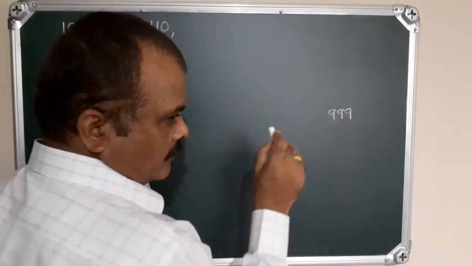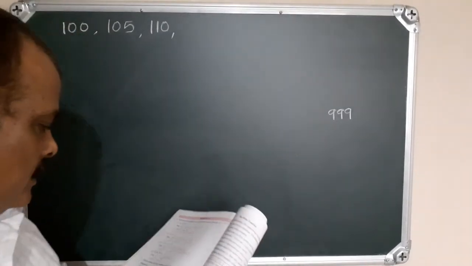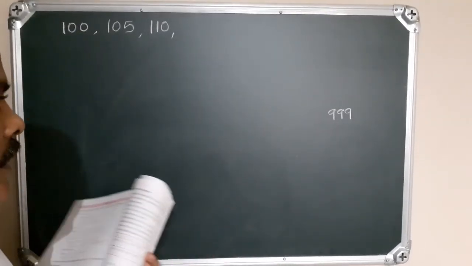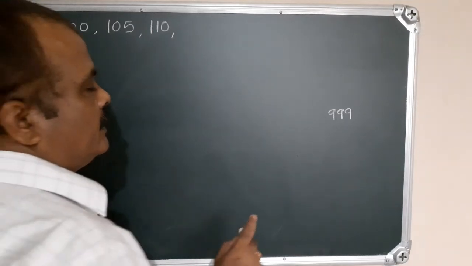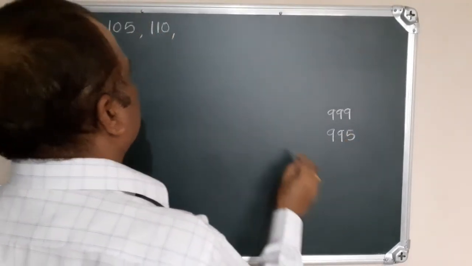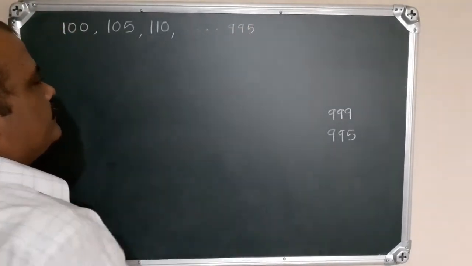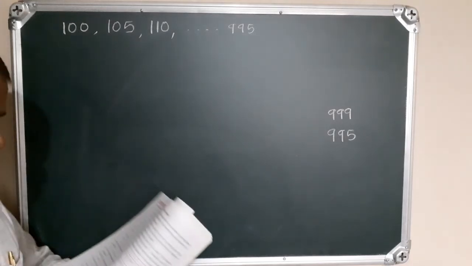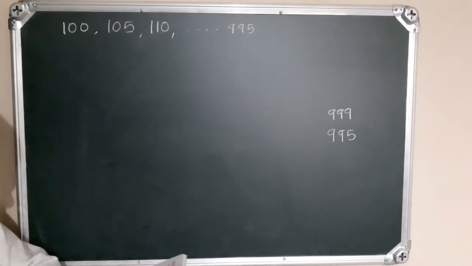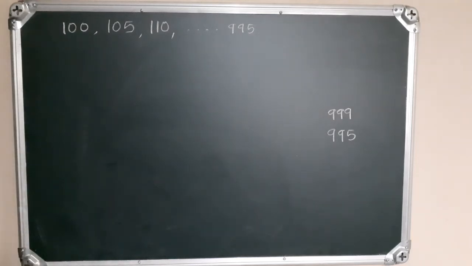So we have to find the number which is divisible by 5 and is a 3-digit number. So that will be 995. So the last number will be 995. So we have to find how many 3-digit numbers there are which are divisible by 5.